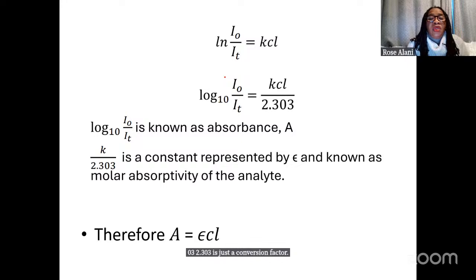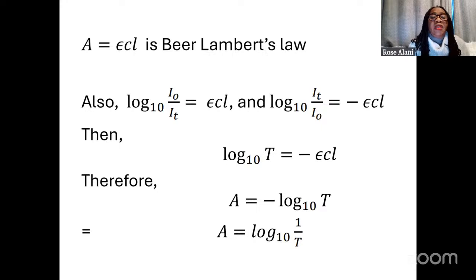And so your log to base 10 of I0 over IT is what is known as absorbance A. So that's how you have this whole thing as A is equal to ECL. A equals ECL is the Beer-Lambert law.